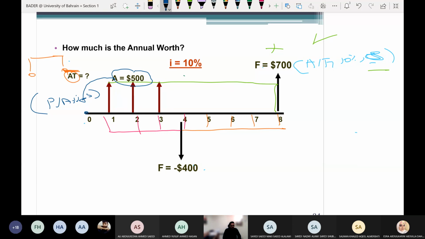And what about this? Now, definitely I cannot do anything to it as an A. So how about we collect it and say find P given F, I, how many years? 4. So what just happened? Now this is positive and this is positive and this is negative. I'm going to have a summation. When I say, Dr., still we are looking at A, I'll be like, okay, very good.